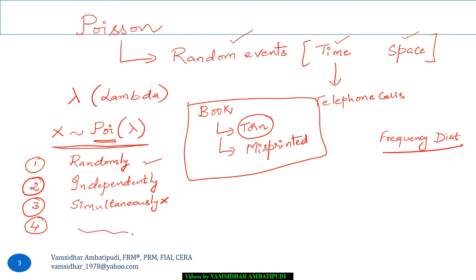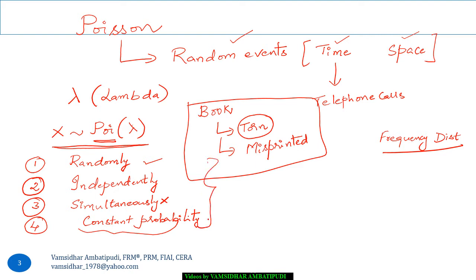And over the entire time that we are talking of, if I am talking about a day, at any point in time, there should be a constant probability of occurrence of that event. It's not that I will get more calls in the morning or lesser calls in the evening. That is not what we are saying. The probability of occurrence of that event is constant across the entire space.